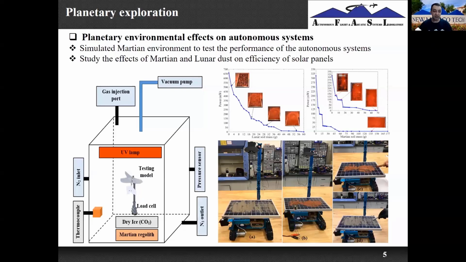So a drone which is flying on Earth is not going to be similar to a drone flying on Mars, because the atmospheric conditions are different. What is the solution here? One of the projects that we are looking at is to simulate the Martian environment, or other planets, in a box.